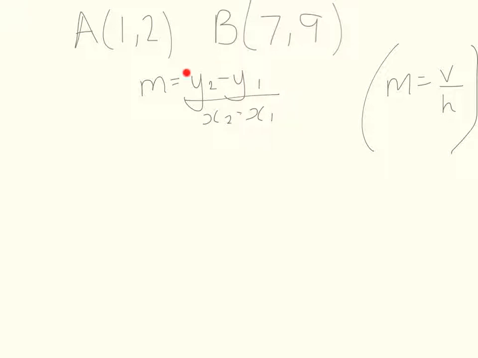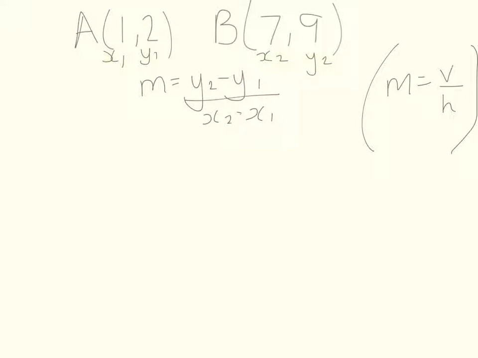But where are we going to get these values from? If we think back to just a generalised coordinate system, it's always in the form x, y. So here we've got two sets of coordinates, so I'm going to label the first one my first x coordinate, my first y coordinate, then my second x coordinate and my second y coordinate. Okay, just remember that it's always x, then y.